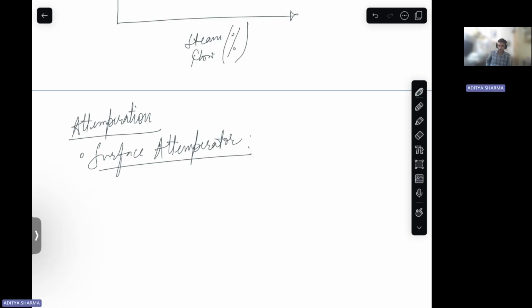And we pass this steam through some tube, right? This tube is contained in some shell that is having water, right? So this extra heat is transferred to this water, and this way we lower down the temperature of our steam.